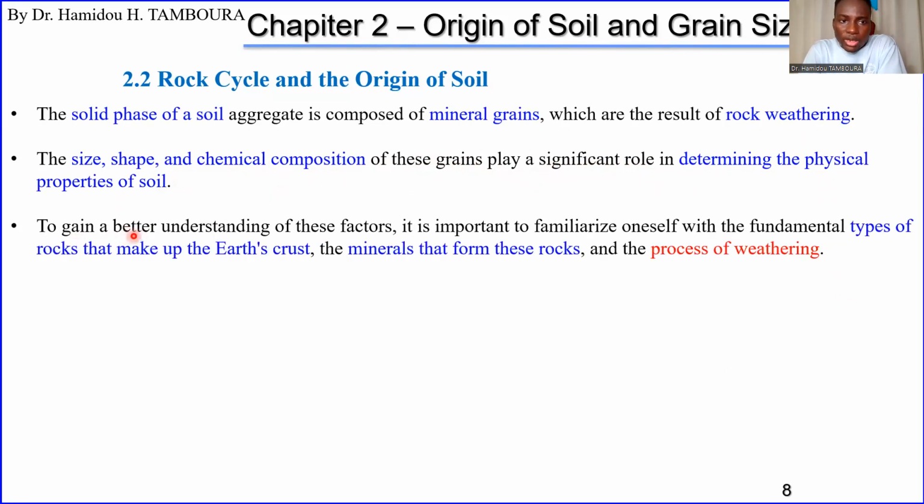To gain a better understanding of these factors, it is important to be familiar with the fundamental types of rock that make up the near surface of Earth, the minerals that form these rocks, and the process of weathering. We need to understand all this.